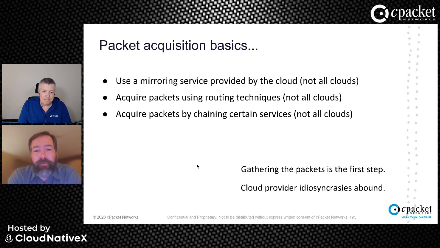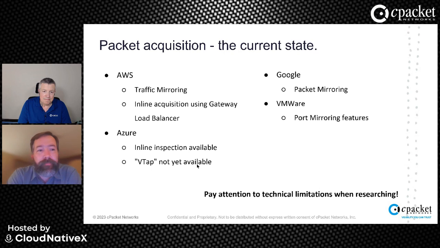And then there are some new features that have arrived in the cloud services that allow us to attach to load balancers and route packets to some of these load balancing services to then inspect the packets in real time and potentially even make decisions on the packets in security contexts. So just as a review, AWS provides traffic mirroring.